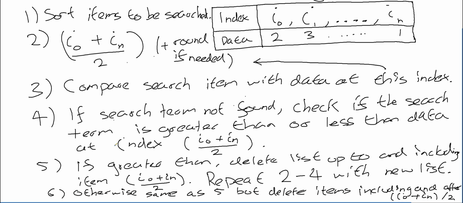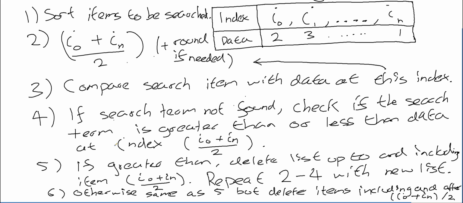If the search term is less than the data at I0 plus IN over 2, then we do the same as 5, but instead of deleting the items up to and including the item at I0 plus IN over 2, we delete the item at I0 plus IN over 2 and all the items after that.